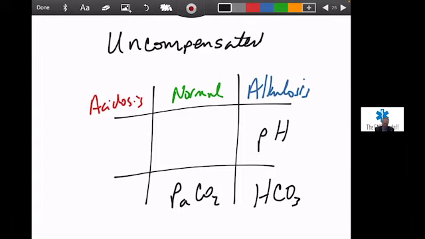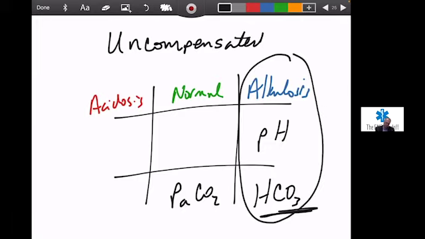This is uncompensated because this is uncompensated metabolic alkalosis. And that's because if this were trying to compensate, it would pull that in that direction, because the patient would start to retain some carbon dioxide to make them a little bit more acidic. And eventually what it's trying to do is pull that pH back into that normal range.